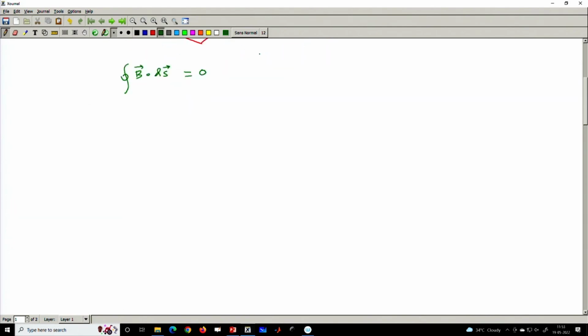then this quantity has to be B perpendicular above, I just write B A here, times delta S, and then minus B perpendicular below times delta S, is equal to 0, because other components will not be there on the surface.